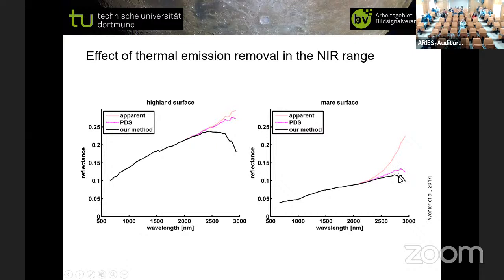And the black curve again shows the corrected spectrum. The intermediate, the pink curve here shows the corrected spectra of, I would say, the official version on the Planetary Data System offered by NASA. But for that data set, it was found in the last 7, 8, 9 years that that method was not really physically appropriate for doing that job.